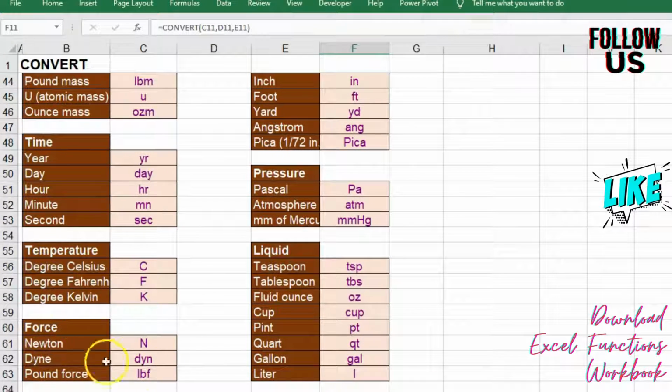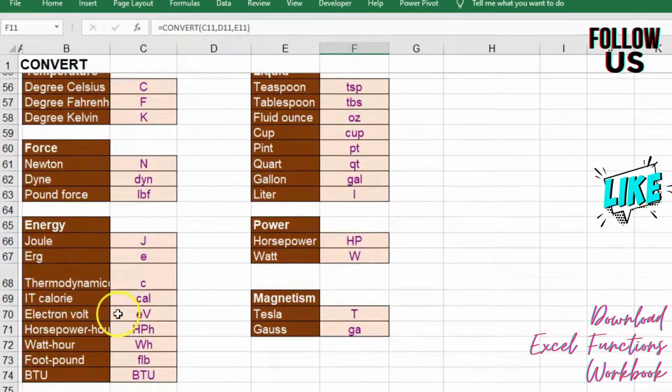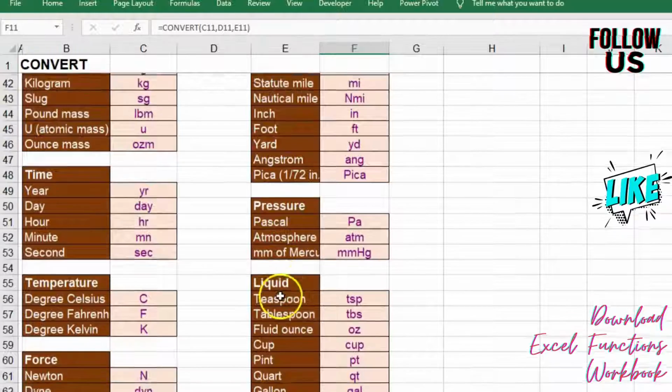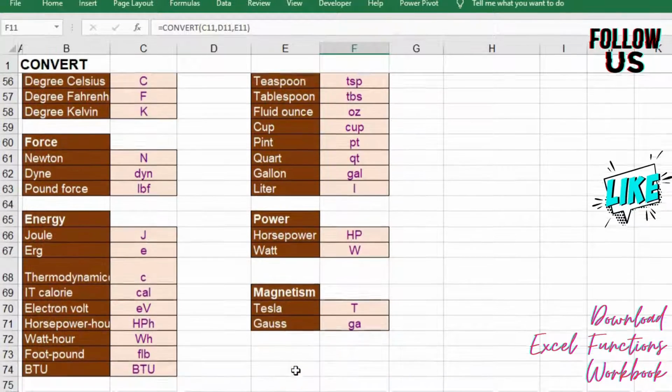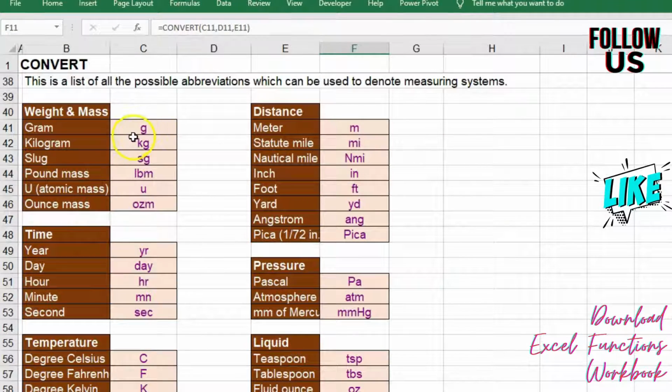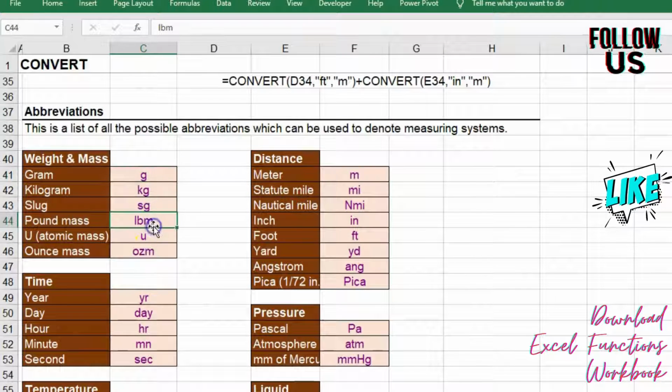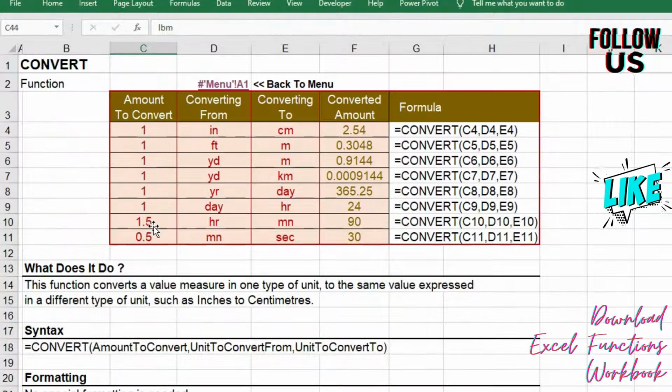For temperature, for force, for energy, and for distance, for pressure, liquid, power, magnetism, everything is here. So these are the abbreviations used by the convert formula to move from one measuring system to another. So this is how the convert formula works.